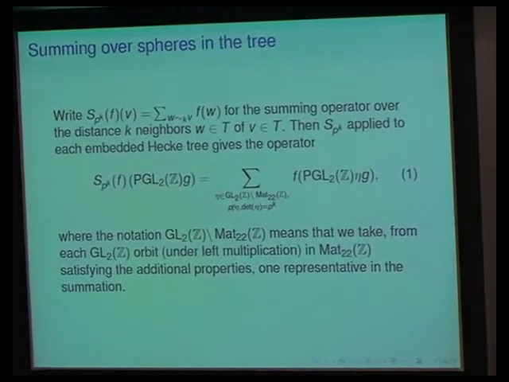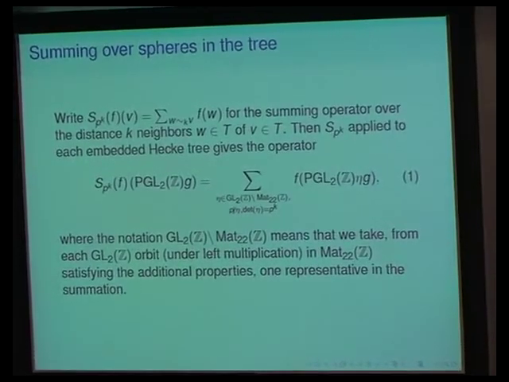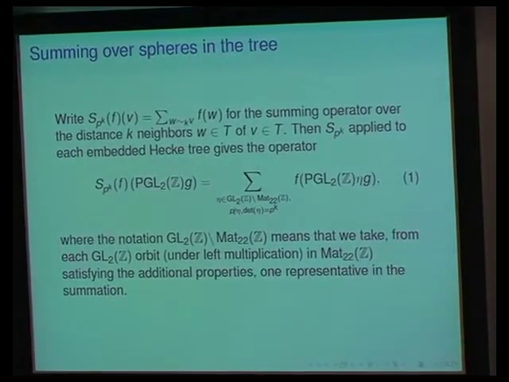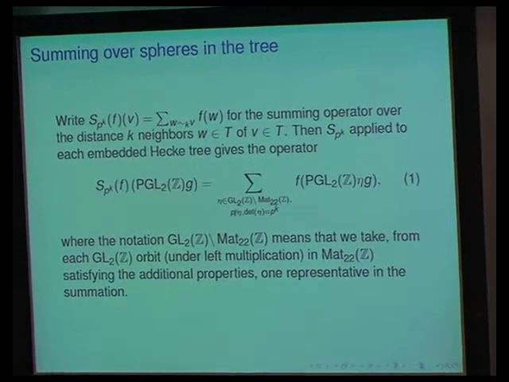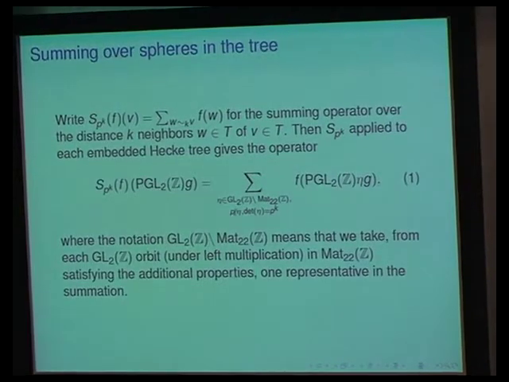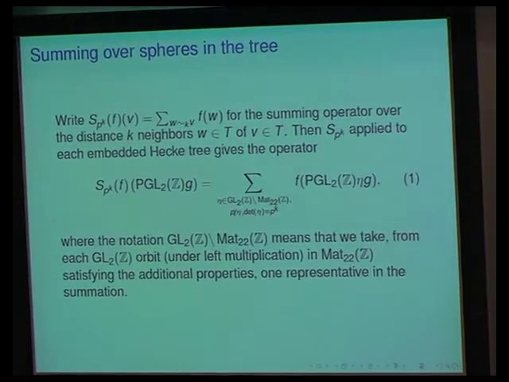And again, this object of summing over the distance k neighbors, I defined it on the tree, so that means I defined it on PGL2(Qp) mod PGL2(Zp), but that object lives inside the unit tangent bundle of the hyperbolic plane. So I get some operator that acts on functions on the unit tangent bundle of the hyperbolic plane.